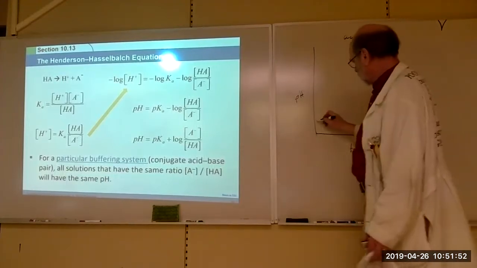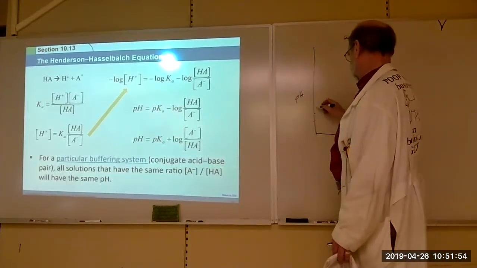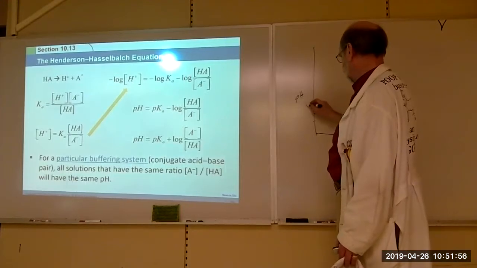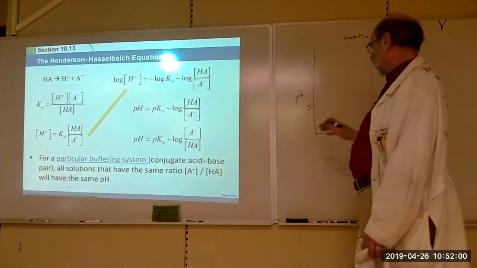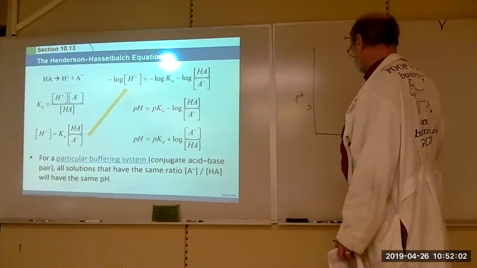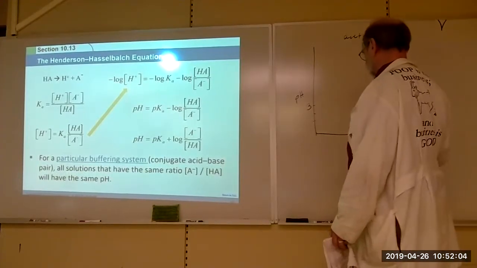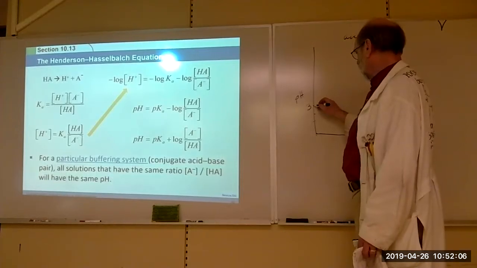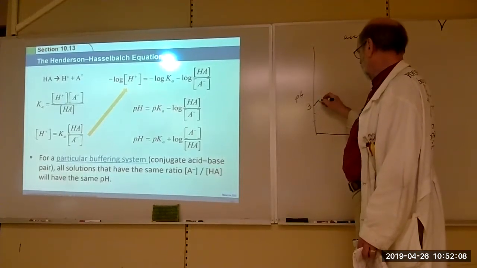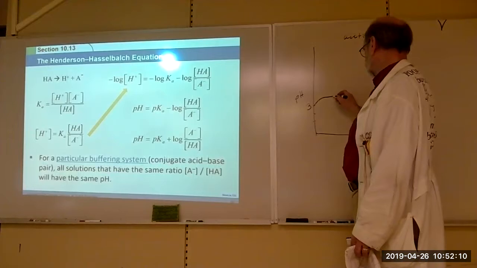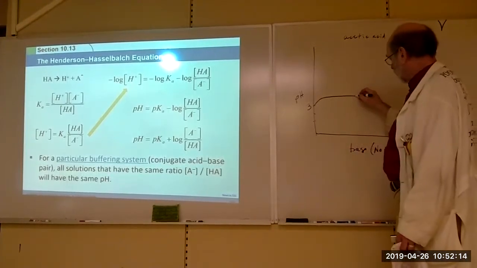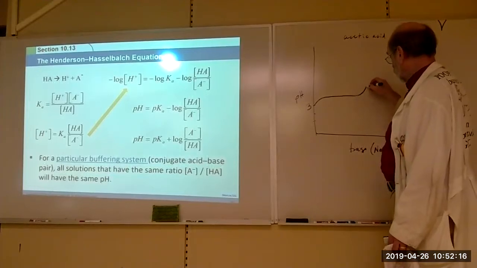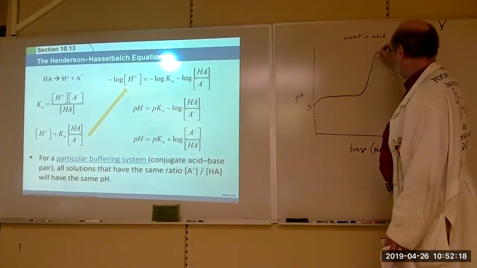So we start off at about in the neighborhood of 3 for nothing but your acid. And then we start adding base to it. So it jumps up quickly, but then it flattens out right here. Just like that. And then at a certain point, it goes like that. And then flattens out again.